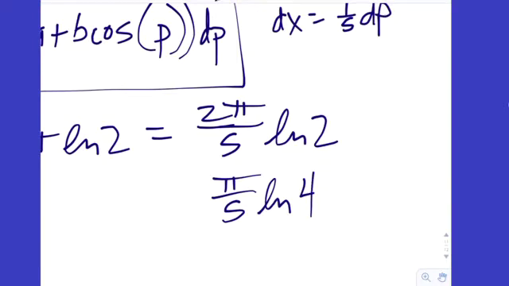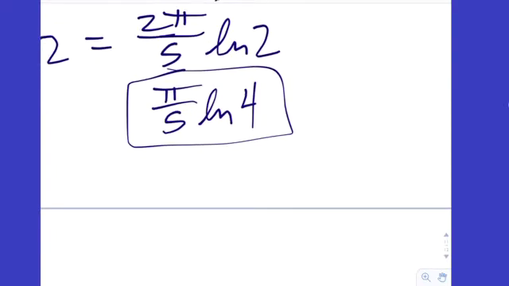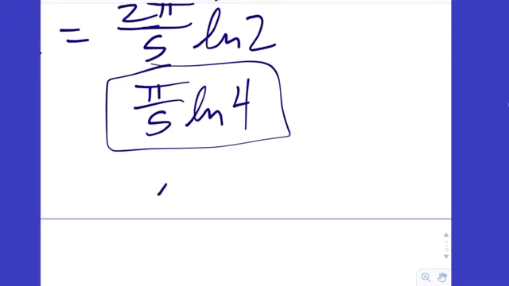Or the natural log of the 5th root of 4 to the pi power. Kind of gross, but it's the same number.